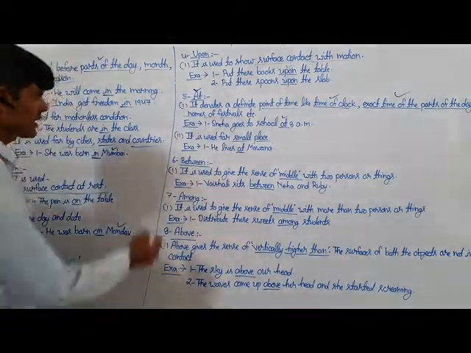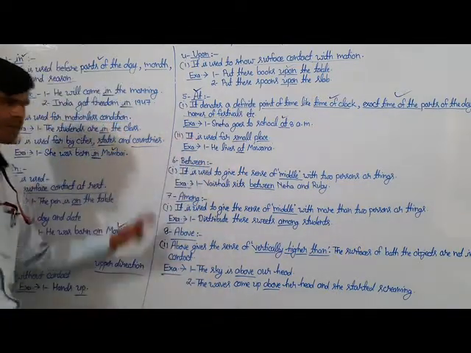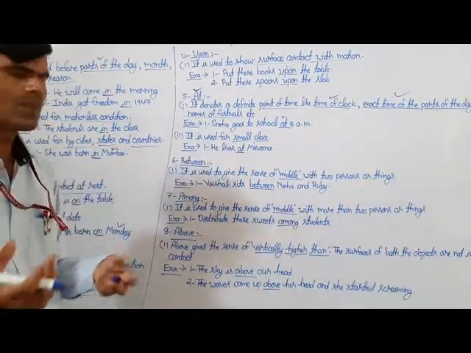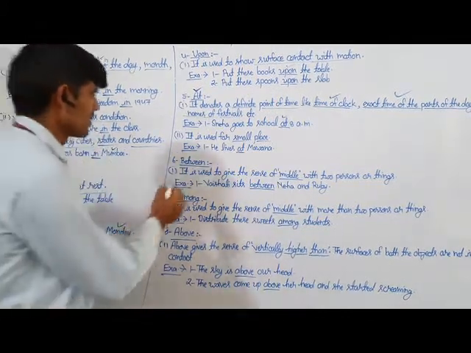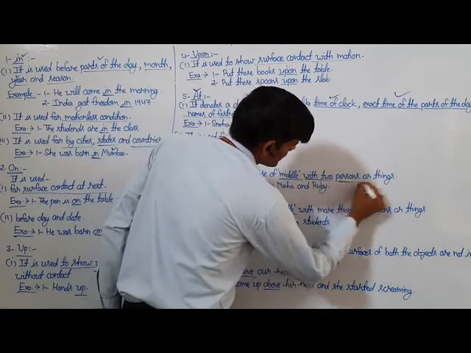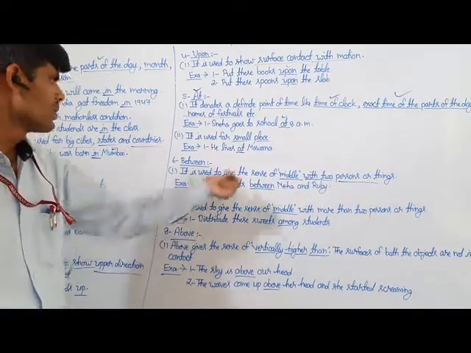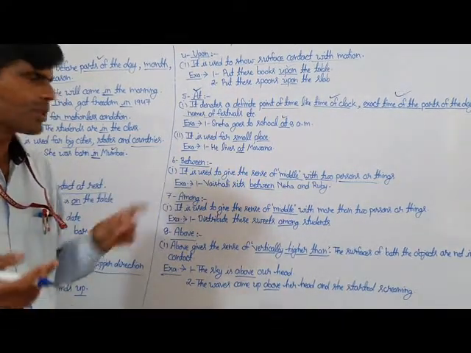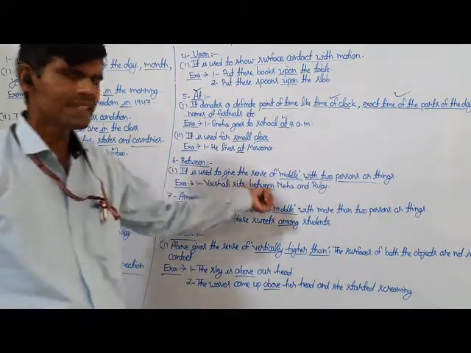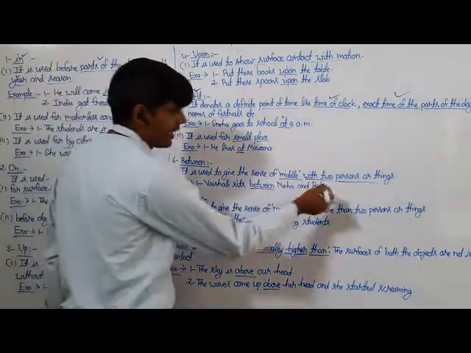And now I am going to discuss the sixth preposition, and that is between. Between is used to give the sense of the middle with two persons or things, for example, Vaishali sits between Neha and Ruby.